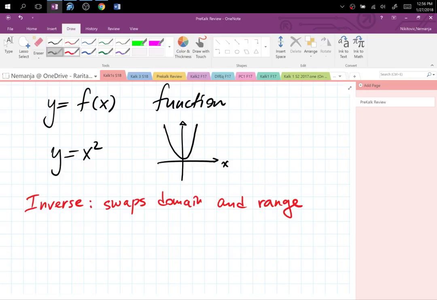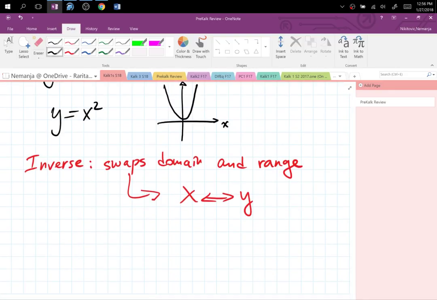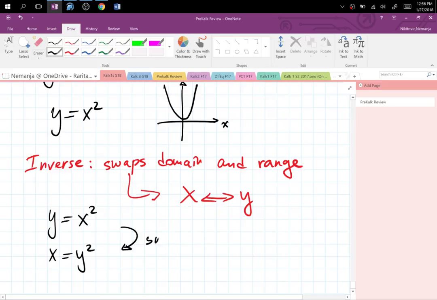So let's see. Swap domain and range means interchange x with y. So it's insanely easy to obtain these inverses. If we write y equals x squared, immediately x equals y squared, because that's where the swap happened.